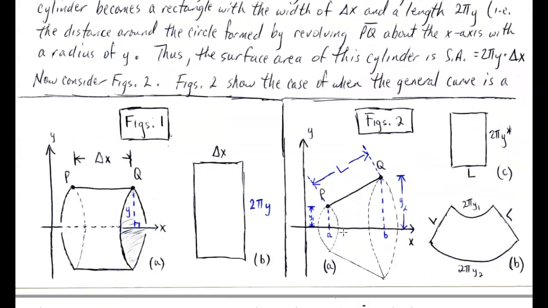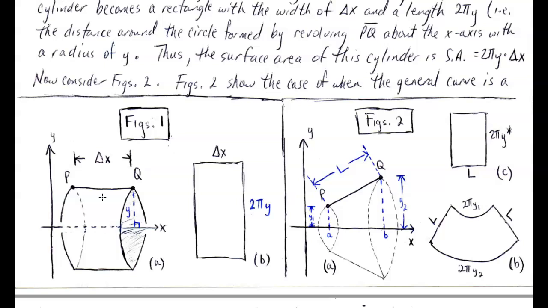So if we took the example of just a horizontal line segment, and we rotated it about the x-axis like what you see that I've drawn here, then it basically looks like a tube. So kind of like a paper towel tube or a toilet paper tube, where of course you have the cardboard on the outside.